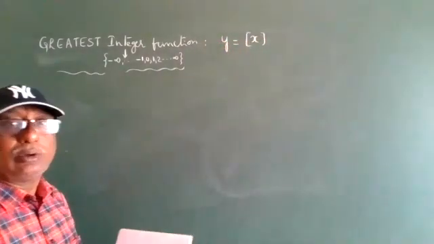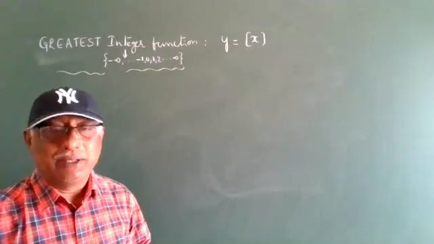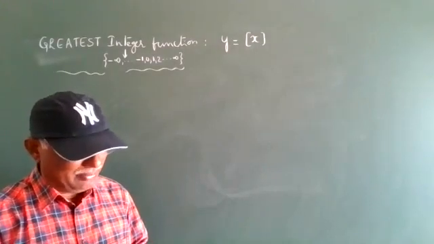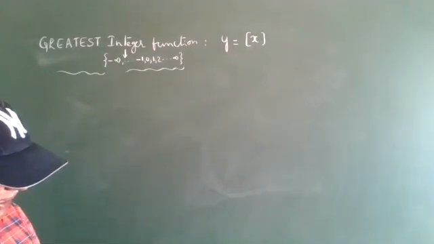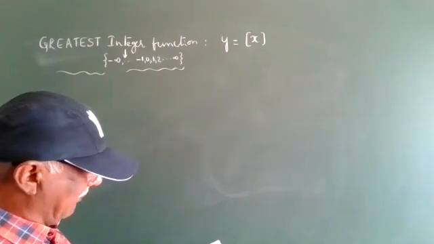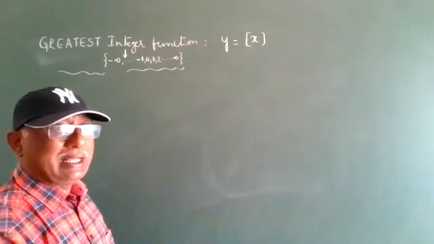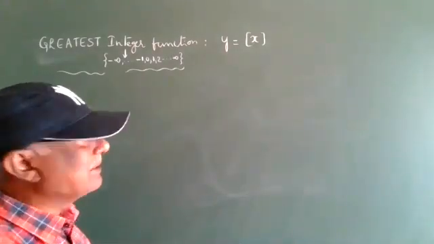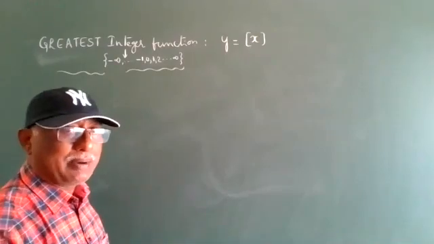Closed bracket of x. What is the result of this? Greatest integer function, you should always remember what the result of this is. First, I am going to represent the greatest integer function.